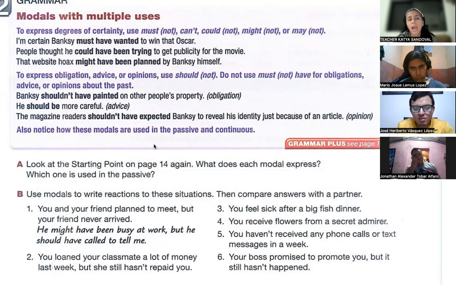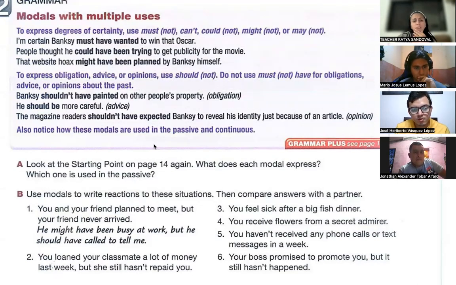Okay. I would say, for me in this situation, it's not an advice. It is for me an obligation, because you gave her money and she hasn't repaid you, right? So I would say she must have paid you, okay? Obligation, right? That can be one example.